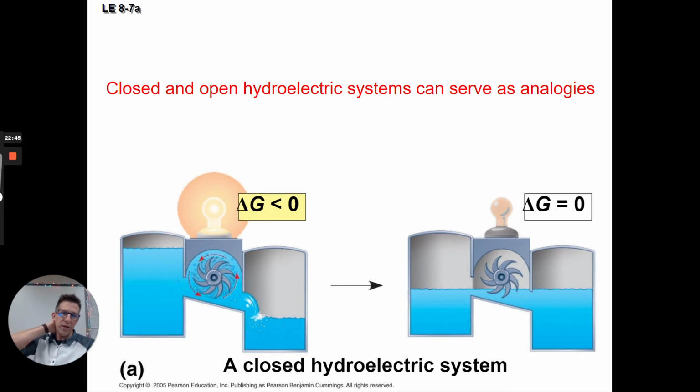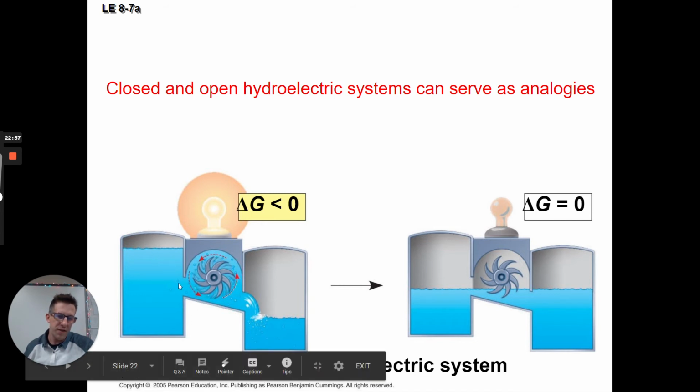Okay? So we can look at this analogy. This is a little hydroelectric system. A hydroelectric system that is closed looks like this. For a time, maybe there's one system where the water in this cistern goes down, through gravity, into this cistern and spins a little turbine and lights a light. There's a release of free energy. This is unstable.